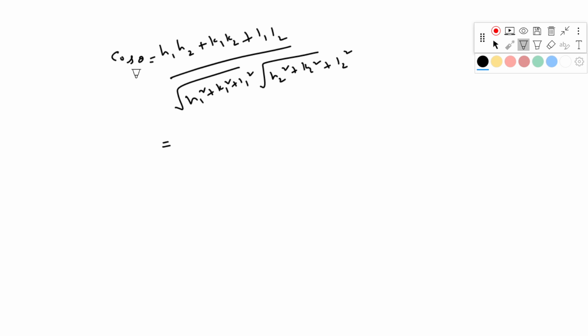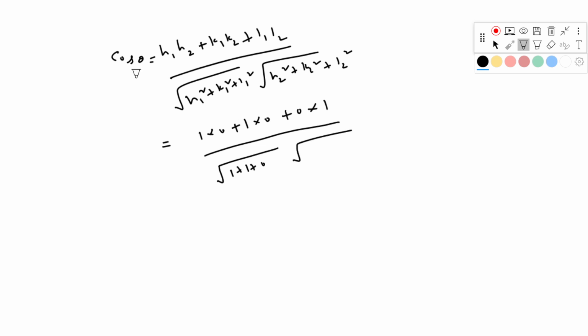And if you put the values here, the first one h1 k1 l1, h2 k2 l2, we have the values 1 1 0 and 0 0 1. So 1 into 0 plus 1 into 0 plus 0 into 1, that is h1 h2 plus k1 k2 plus l1 l2, over root over h1 square plus k1 square plus l1 square, that is 1 plus 1 plus 0, and 0 plus 0 plus 1, right?